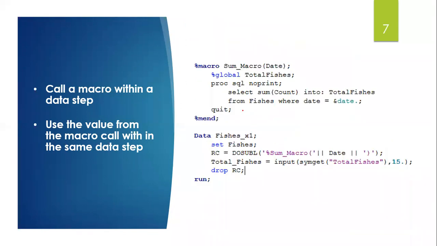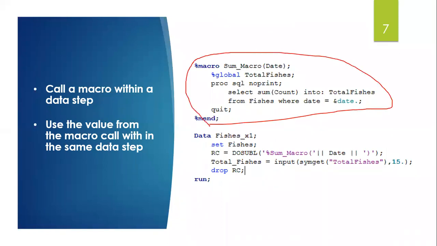Here I have got a macro definition, and this macro definition is creating a macro variable called total fishes from the table that we have, fishes. Select sum of count into total fishes from fishes table where the date equals date. We will be passing the date from another data step here.